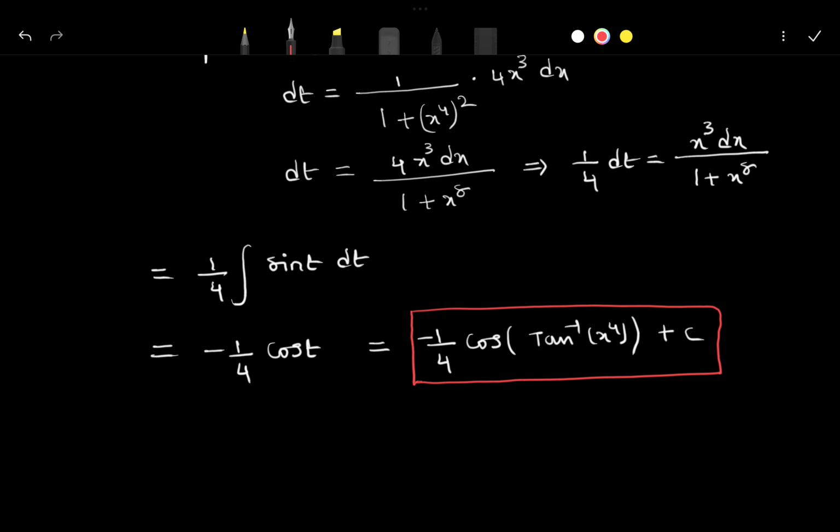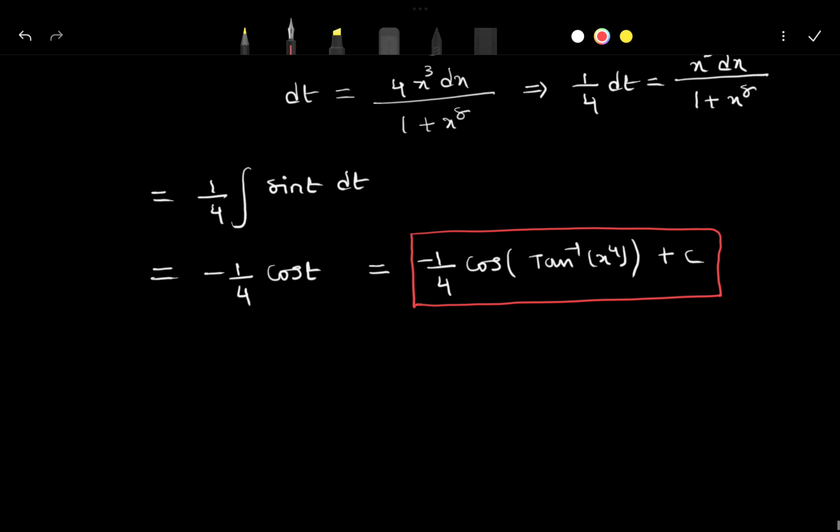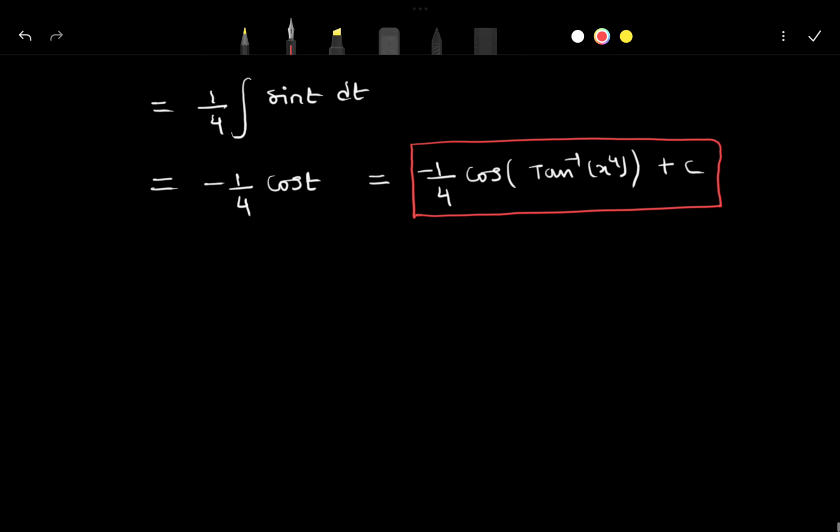Next, one more very important question. See, the next question is very important for the board exam, and also for the mains and KCET level.